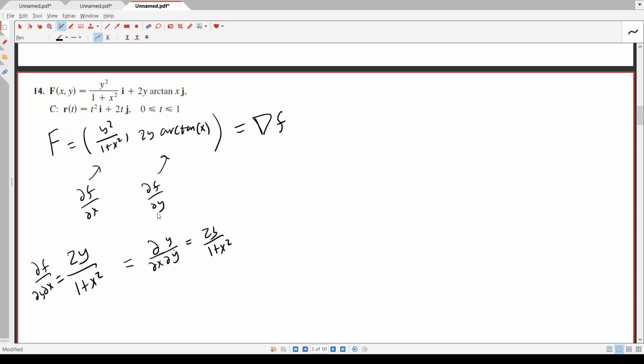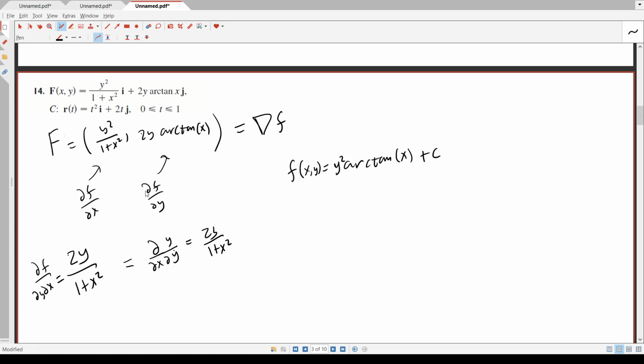Okay, so what is this function? So if I integrate this with respect to x, I get arctan, so that's going to be y squared arctan of x plus a constant.